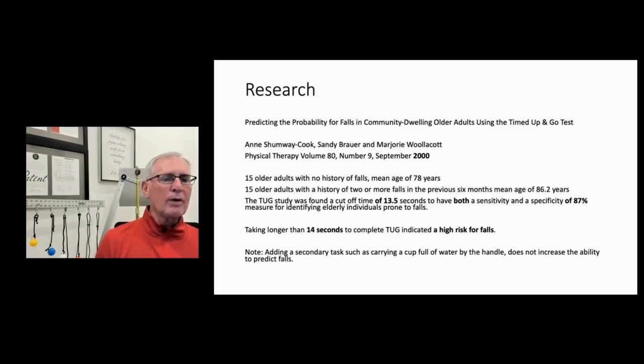Taking longer than 14 seconds to complete the timed up and go indicated a high risk for falls. Noteworthy is that adding a secondary task, such as carrying a cup full of water by the handle, did not increase the ability to predict falls.